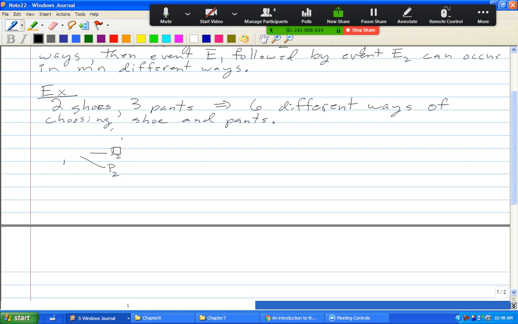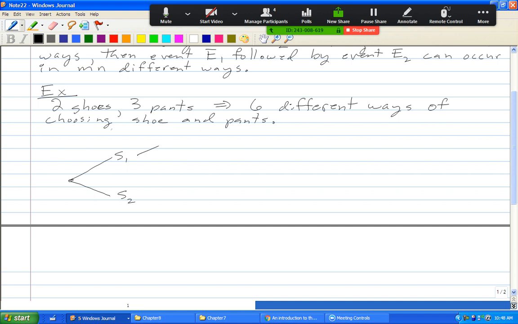So I'll start here and I'll say, well, look, I can choose this shoe or that shoe.